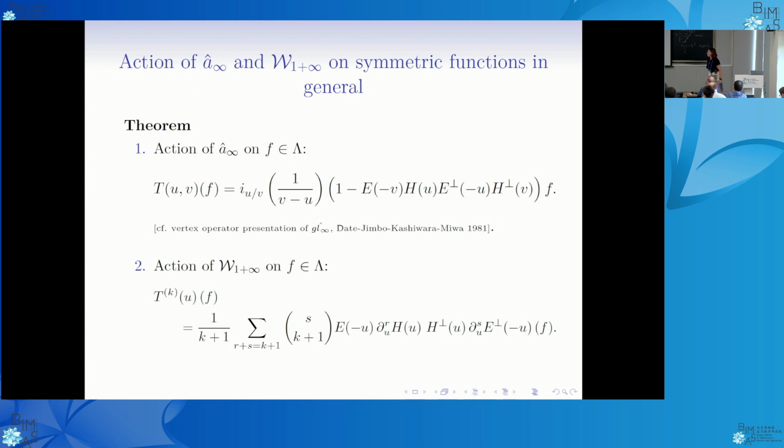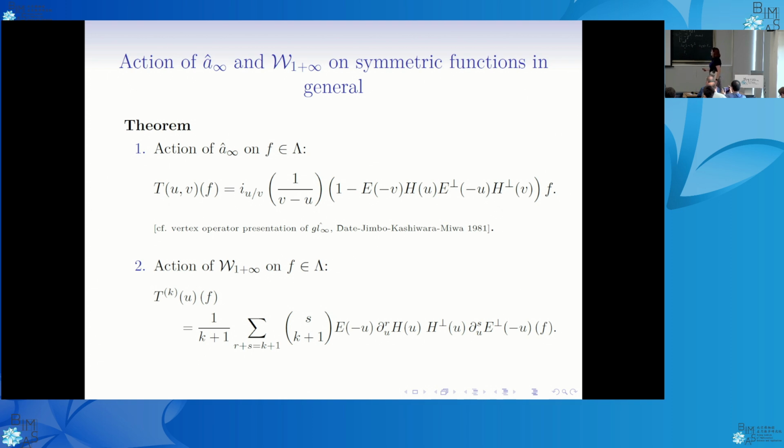I also never told how, in general, A infinity hat and W1 plus infinity act on symmetric functions. So maybe that answers your question from before. If we have just any symmetric function, how does the algebra A infinity hat, these infinite matrices which live along the diagonal, act on this function?